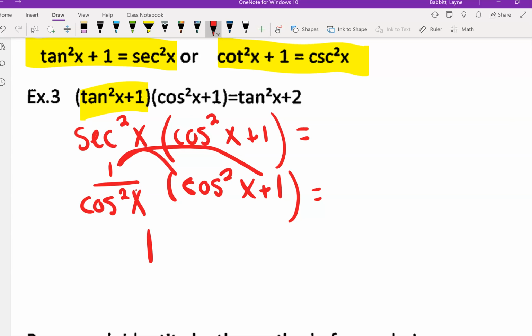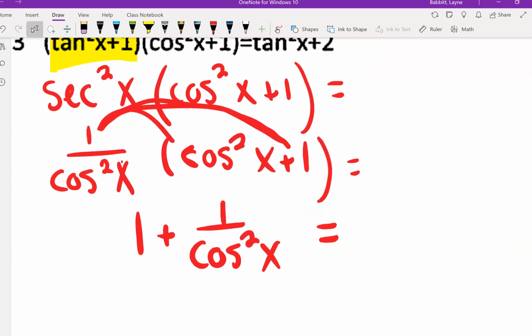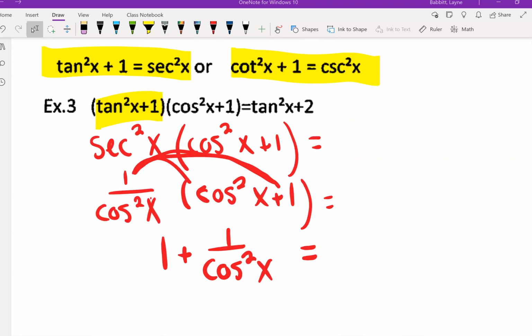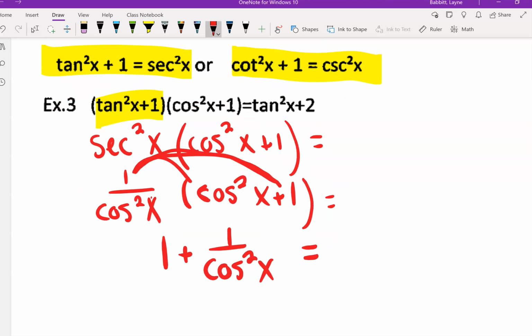And then I multiply 1 over cosine squared x times 1, and that's going to give me 1 over cosine squared x. There isn't a super obvious next step, but what I'm thinking is we've got this cosine squared x. I don't like this fraction, so I want to get rid of the fraction, so I'm going to change that into 1 plus secant squared x so that I no longer have a fraction.